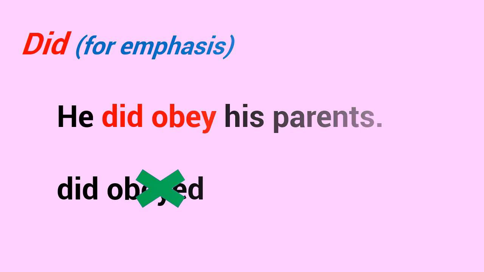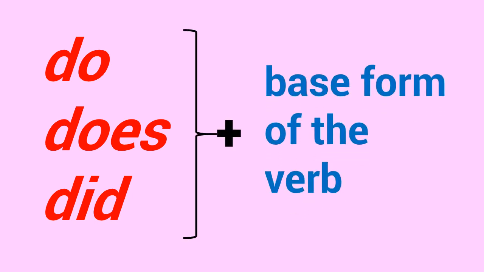So let's review rather. Do, does, and did, used as auxiliary verbs, have to be paired with the base form of the verb.